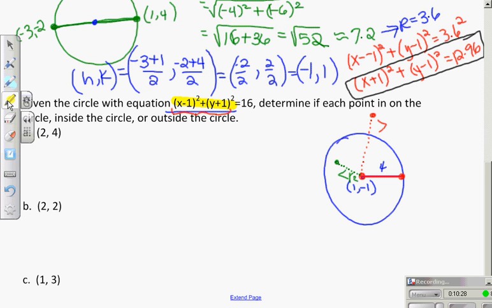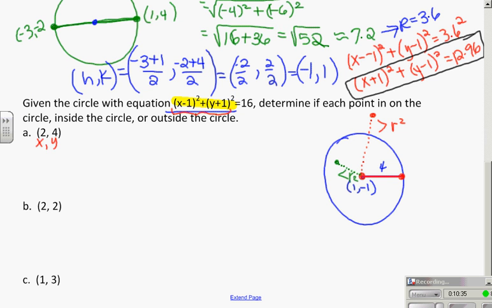And so these problems end up being very simple. We substitute our x and our y in, and we compare it to our radius squared. So we are going to have (2 minus 1) quantity squared plus (4 plus 1) quantity squared. And we want to know how that compares to 16. Is it greater than, less than, or equal to?